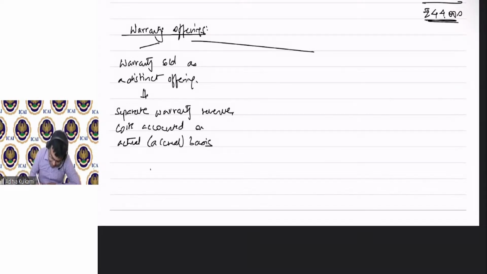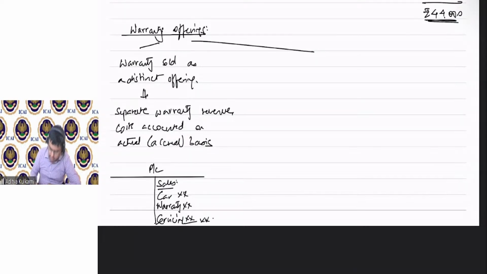So my P&L looks something like this. Just drawing a simple P&L for you to understand. Sales, you will have car, warranty, and servicing. So total gives you the net revenue. Against this, you will be having actual costs, actual costs for the entire period.